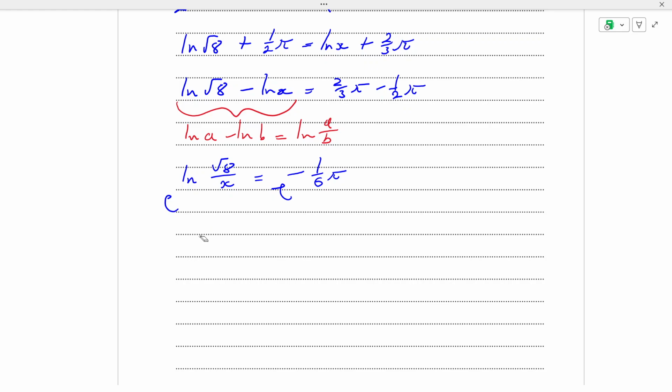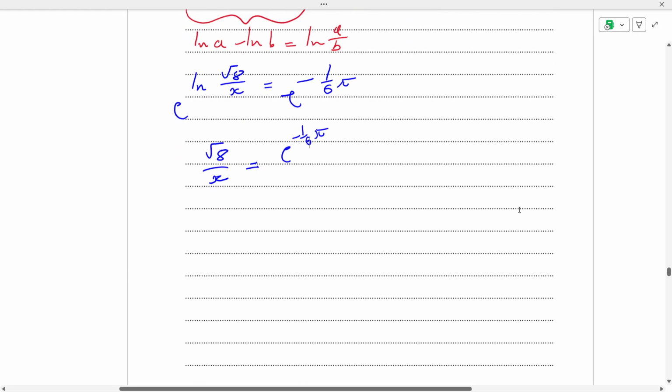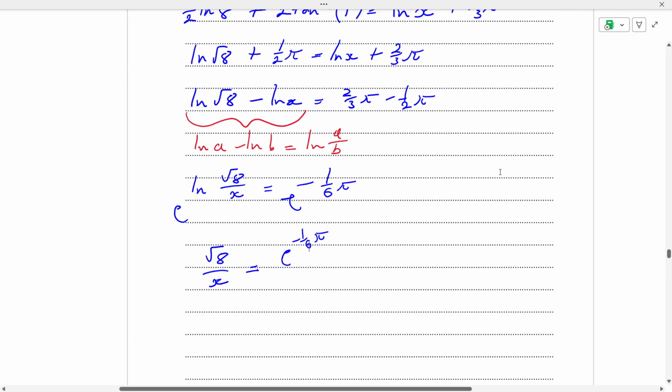Then we have root 8 over x is equal to e to the negative 160 pi. Then we can reciprocate or transpose x. Sorry, this is supposed to be positive, right?